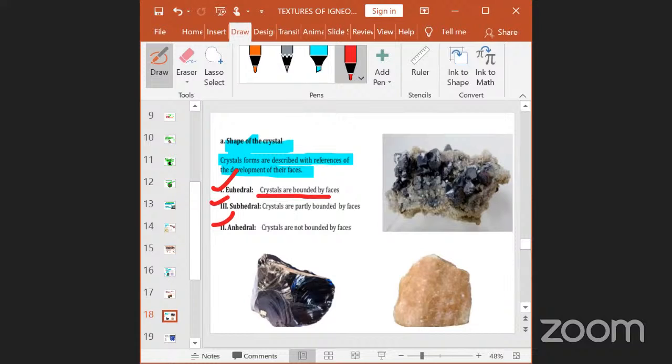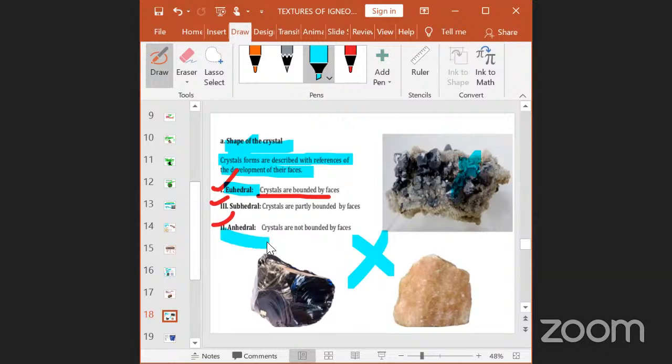So when the mineral is completely bounded by crystal phases, that is called euhedral. And when crystal phases are absent, it is called anhedral.